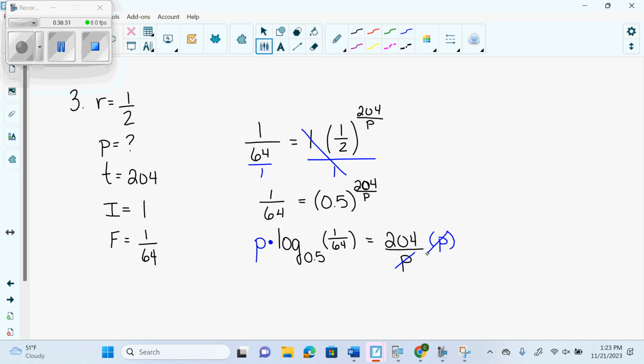And then how do I get P by itself now? So now I have P times log base 0.5 of 1 over 64 equals 204. It's P times, so how do I get P by itself? Divide by this big old log, log base 0.5 of 1 over 64.